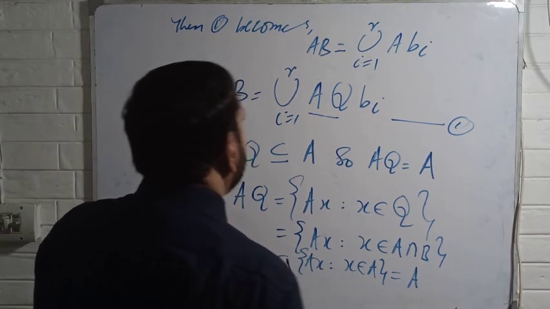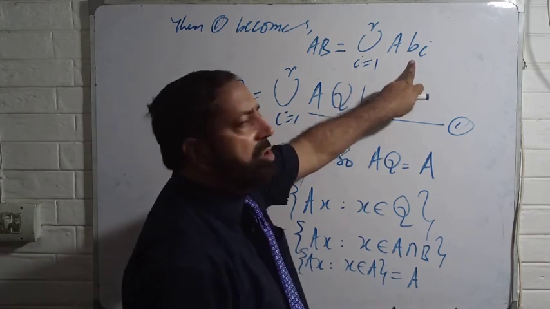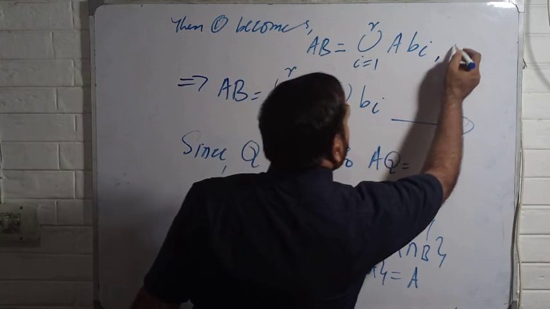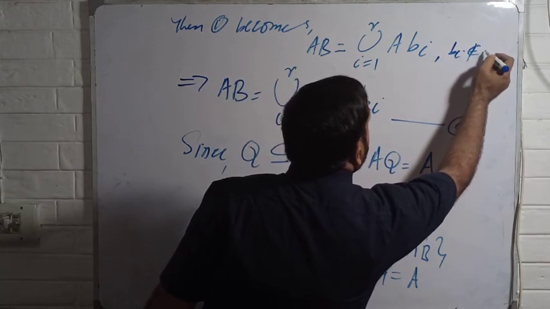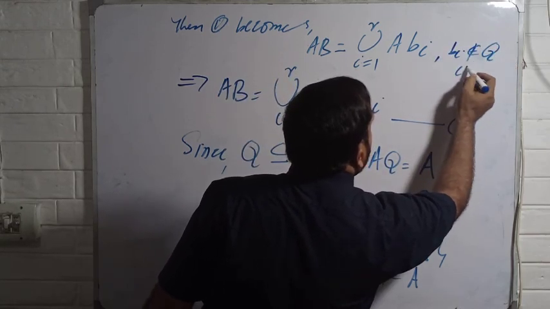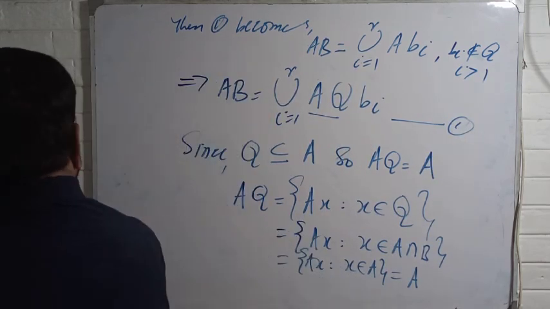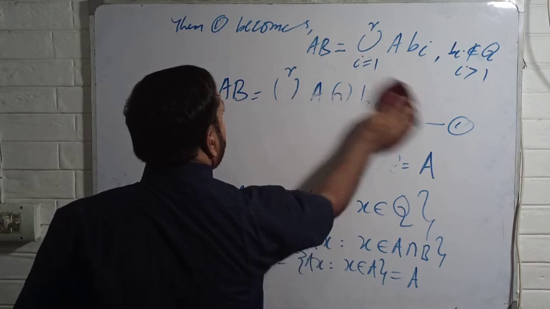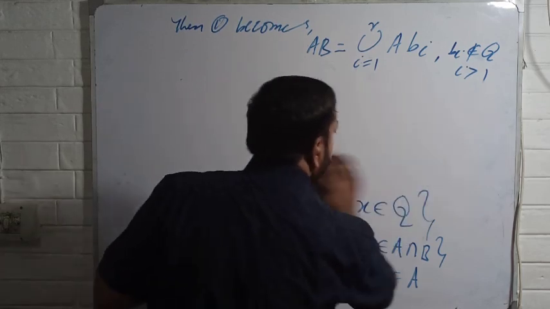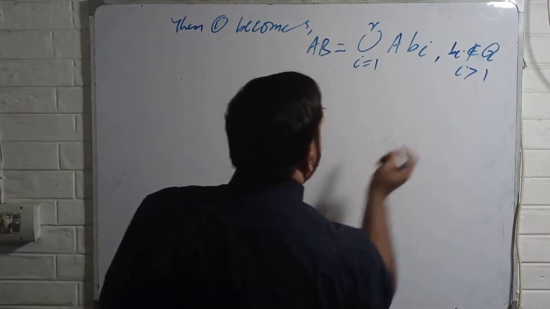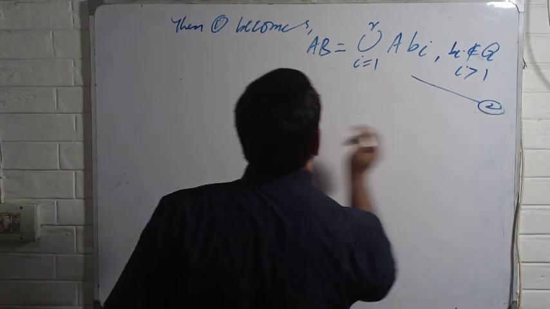Note that BI does not belong to Q, because BI does not belong to A. Remember, BI does not belong to Q for I greater than 1. We have established this. This is number 2.